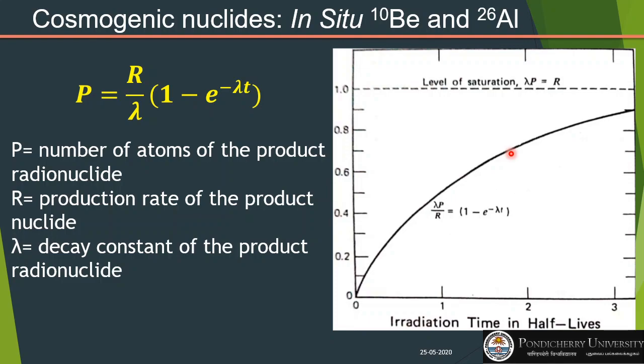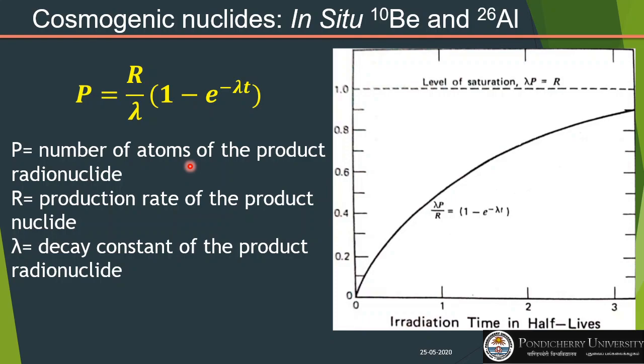Yeah, so this looks like a very simple and elegant technique, but the key thing is to determine the rate of production, or the rate at which this was being produced. As I just mentioned, this production rate depends on the flux of cosmic ray particles of certain energy, which is actually required to cause that particular nuclear reaction.